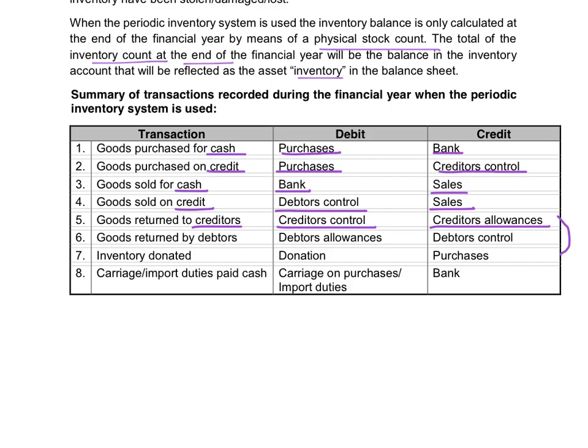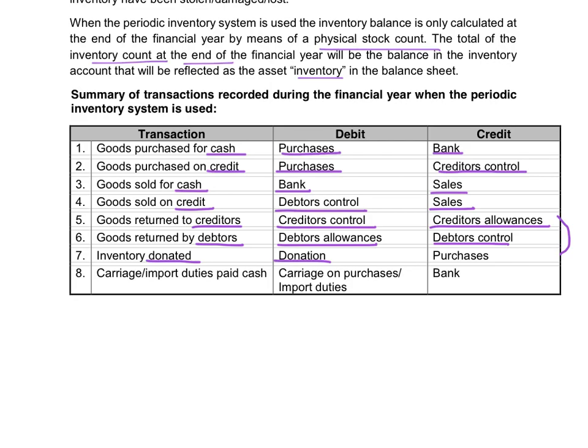Goods returned by debtors. The debtors allowances will be debited and debtors control will be credited, no entry for cost of sales or inventory. When inventory is donated, it means that we create an expense for donation, and we have to show that the expense for purchases must now reduce because these goods will not be sold to make a profit.